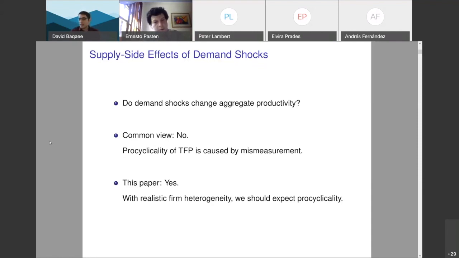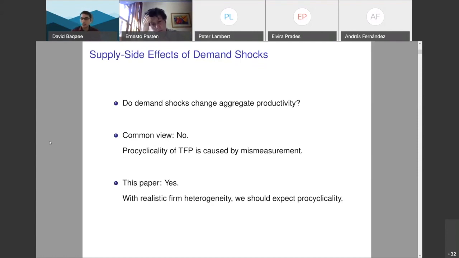So the idea is that because we don't understand how to measure input usage, let's say we don't account for capacity utilization, that's causing an observation that productivity looks like it responds to aggregate demand, even though it's really not doing it.